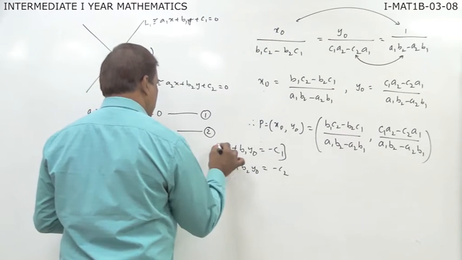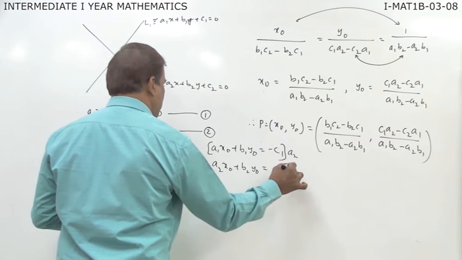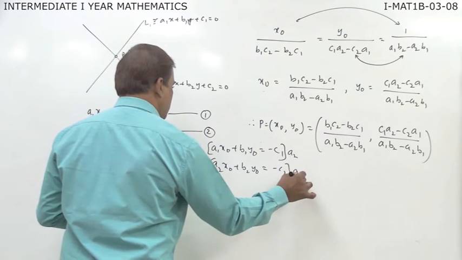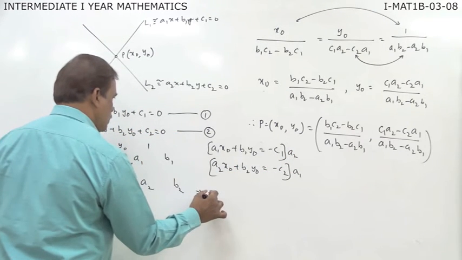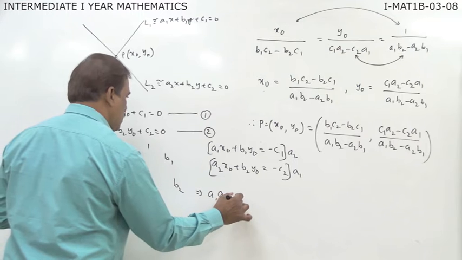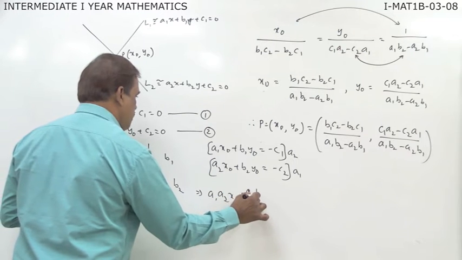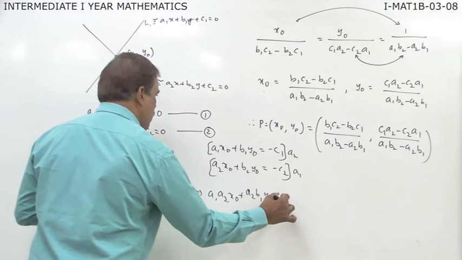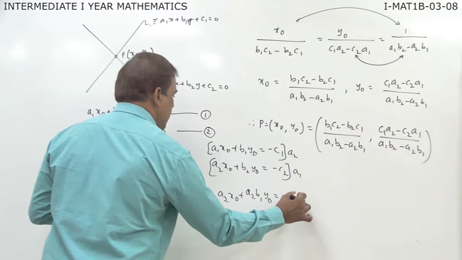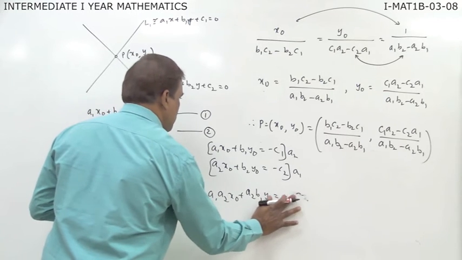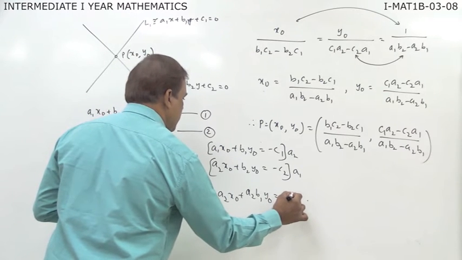Multiply this with a2, multiply this with a1, then what will this become? This gives a1 a2 x0 plus a2 b1 y0 is equal to minus c1 a2. Let me put it as c1 a2 only.